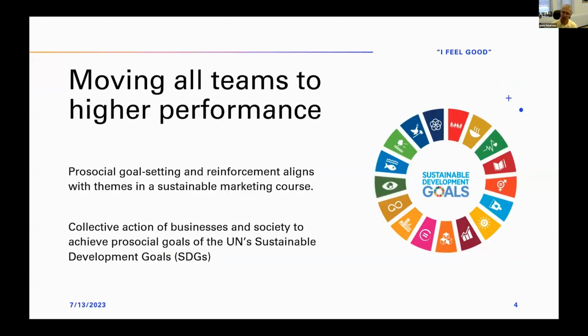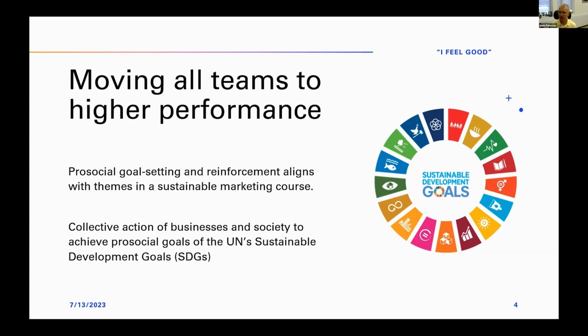And so this creative initiative that I'm taking winds up having a focus on a higher level of aggregation. It was about moving all teams in the class to higher performance simultaneously. And this lines up with sustainable development goals, such as eliminating hunger, having sustainable energy, having gender equality, improving life under the water, life on the land.